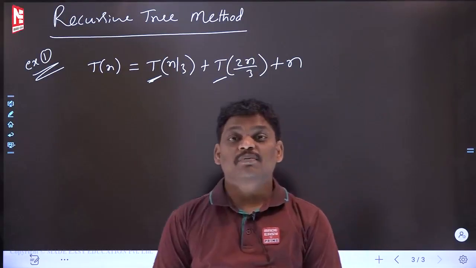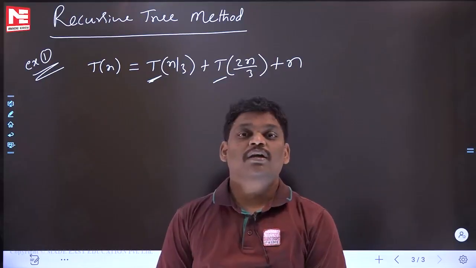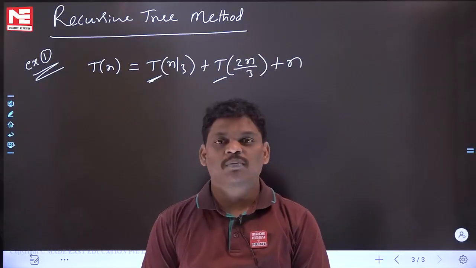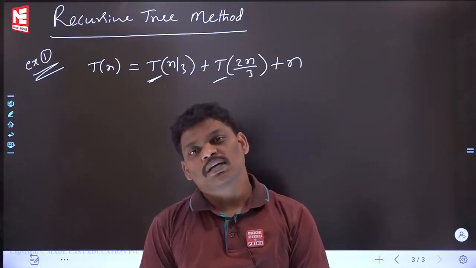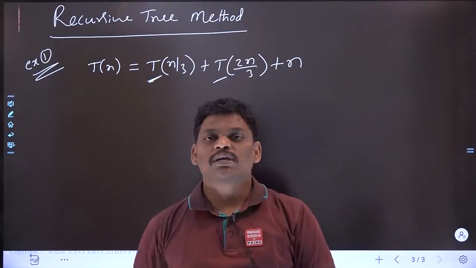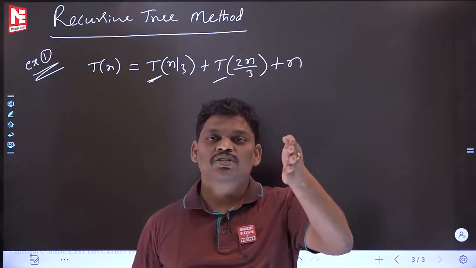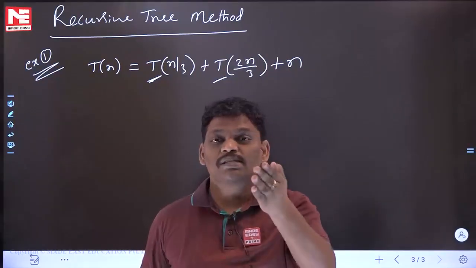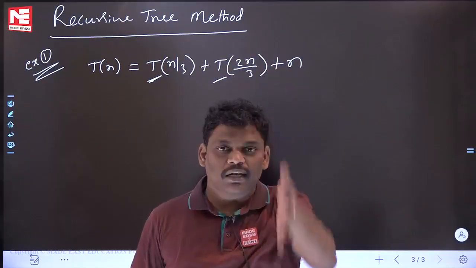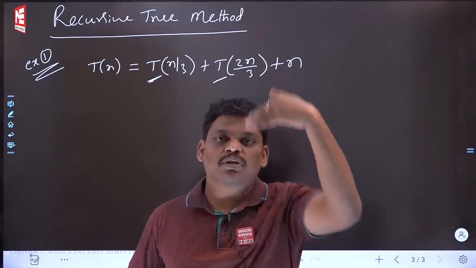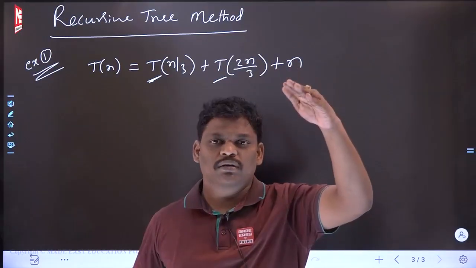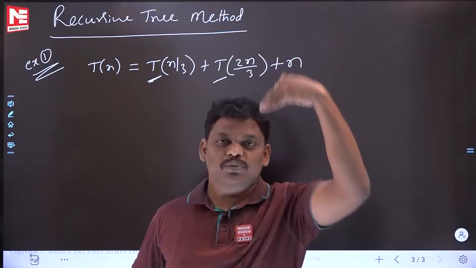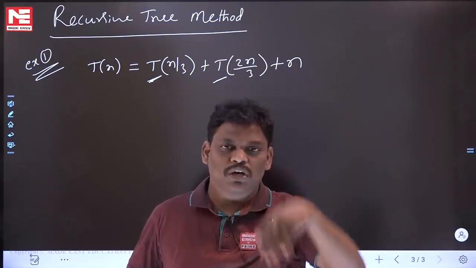Some people ask, in the substitution method, can't I go for the recursive tree method? The substitution method is also a kind of recursive tree. The only thing is that in the substitution method, only one function call you keep on substituting. That is the reason the substitution method gives one array tree. First one will substitute, second one will come, second one will substitute, third will come, and so on.